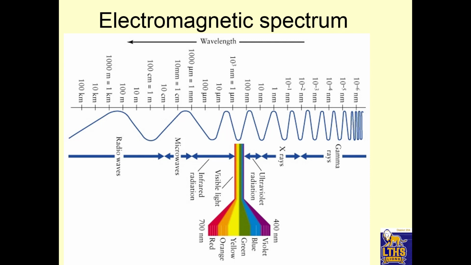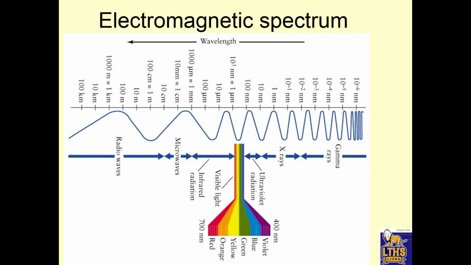So there's this thing called the electromagnetic spectrum, and you can see right here that visible light is a small part of the entire electromagnetic spectrum. Here's all the other kinds of waves that are on that spectrum. Okay, so visible light waves are here, but we have radio waves, microwaves, infrared, visible, and ultraviolet radiation, and X-rays and gamma rays. So all of those kinds of waves are part of the electromagnetic spectrum.